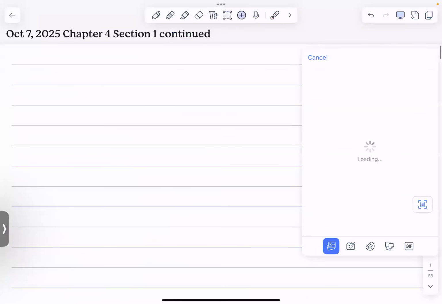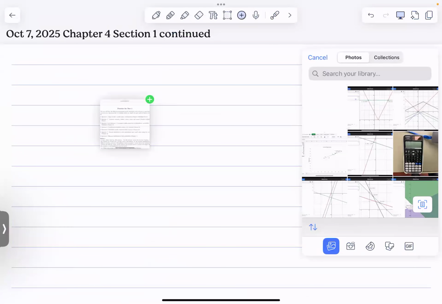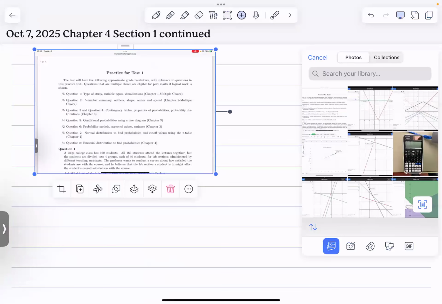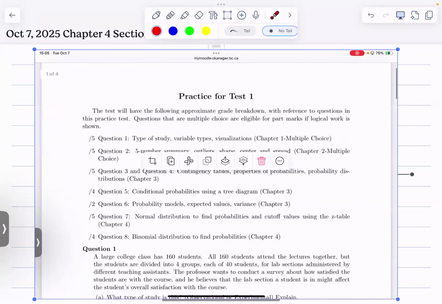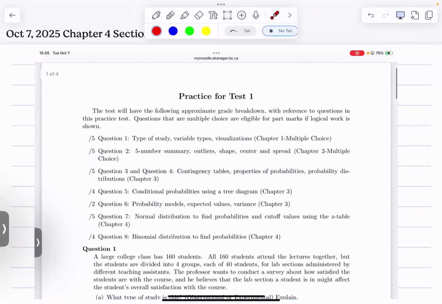Notice that I call it practice for the test, not practice test. It's way longer than I expect you to do on a test. The breakdown gives you an idea of what to expect, but I also want you to see lots of different types of questions. So it's practice, and I'll highlight for test 1.